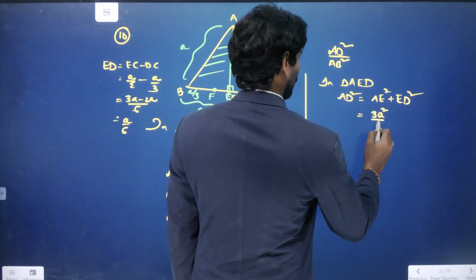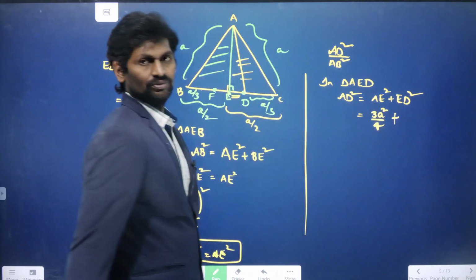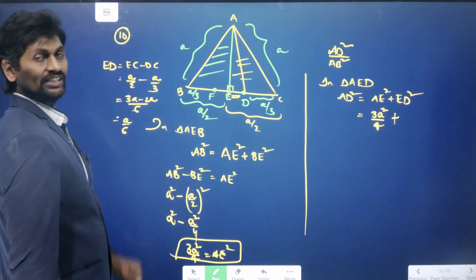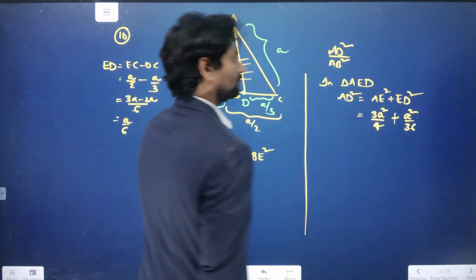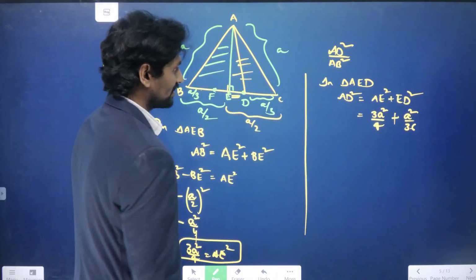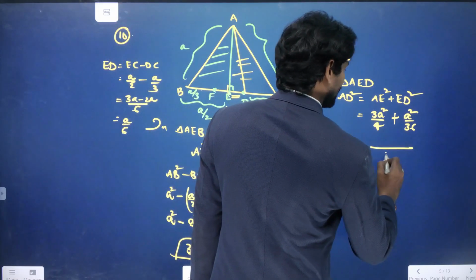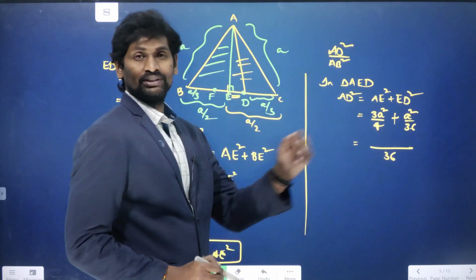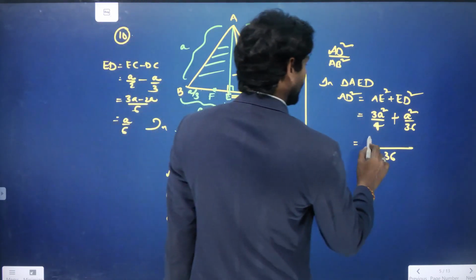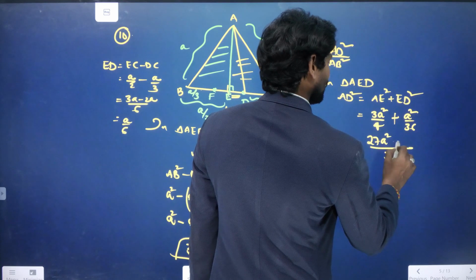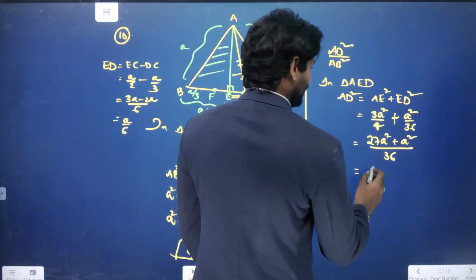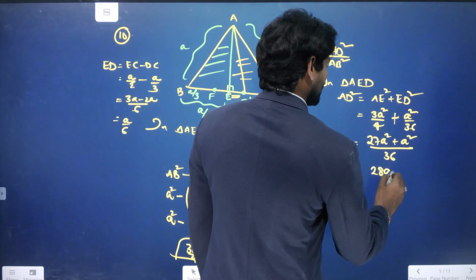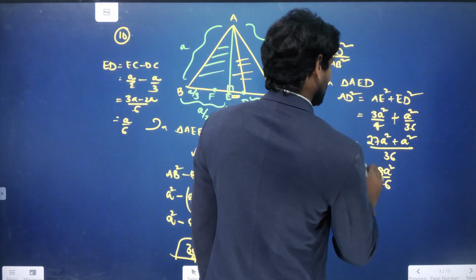ED value a by 6 squared means a square by 36. The LCM of 4 and 36 is 36. 4 nines are 36, and 9 threes are 27a square. Plus a square will be 28a square by 36.